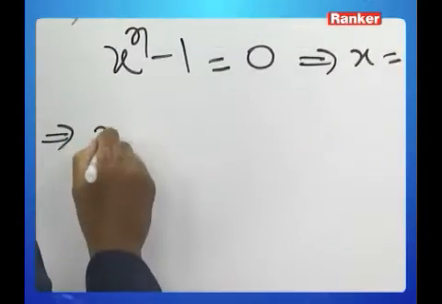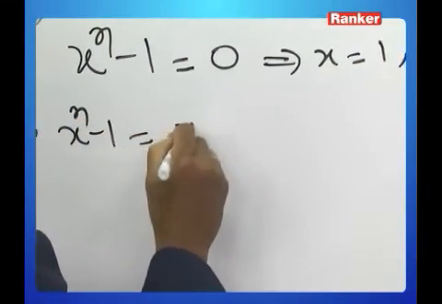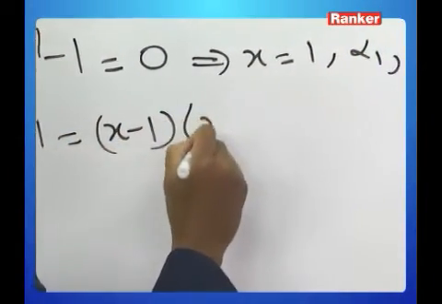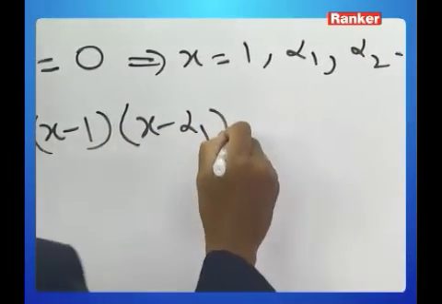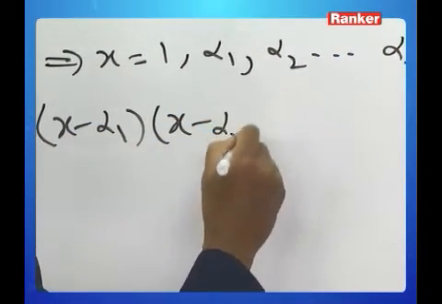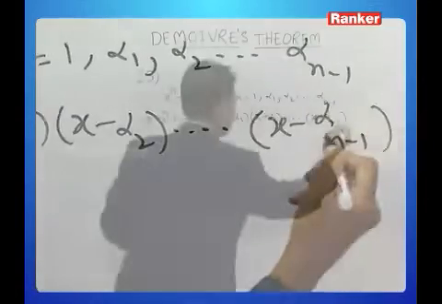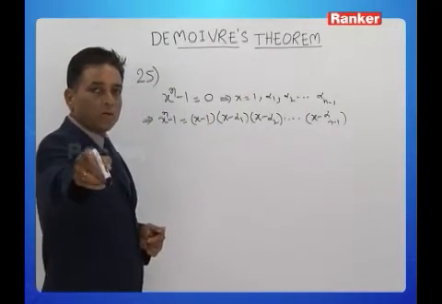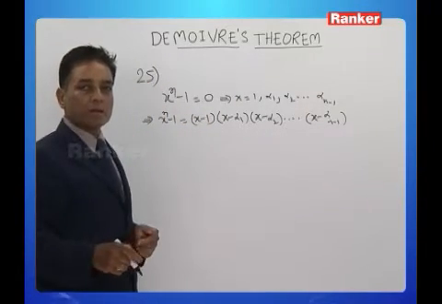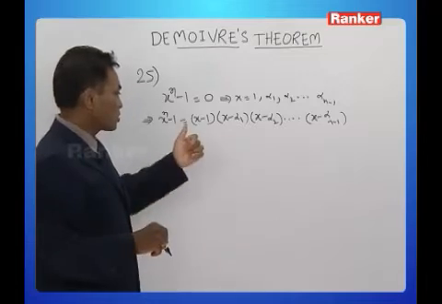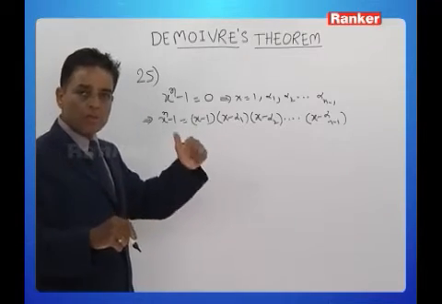Similarly, we can write x minus 1 into x minus alpha 1 into x minus alpha 2, and so on up to x minus alpha n minus 1. Now, actually we want 5 minus alpha 1, 5 minus alpha 2. So, what do we do? Put x is equal to 5.